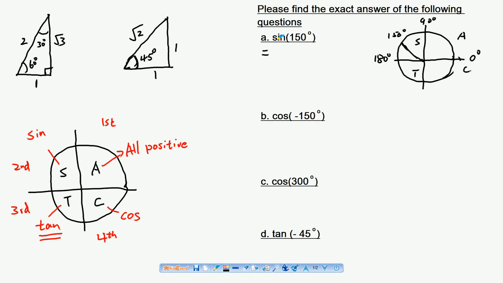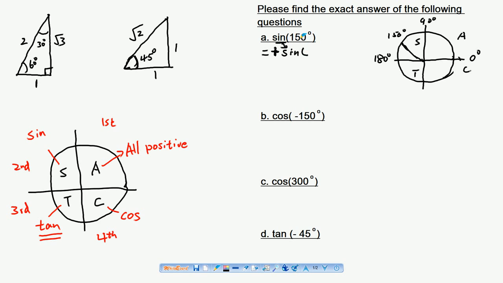So the value of sine 150 degrees is positive, and we can just copy it down. We put a positive sign there and then write sine. The sine doesn't change, we just copy it down.